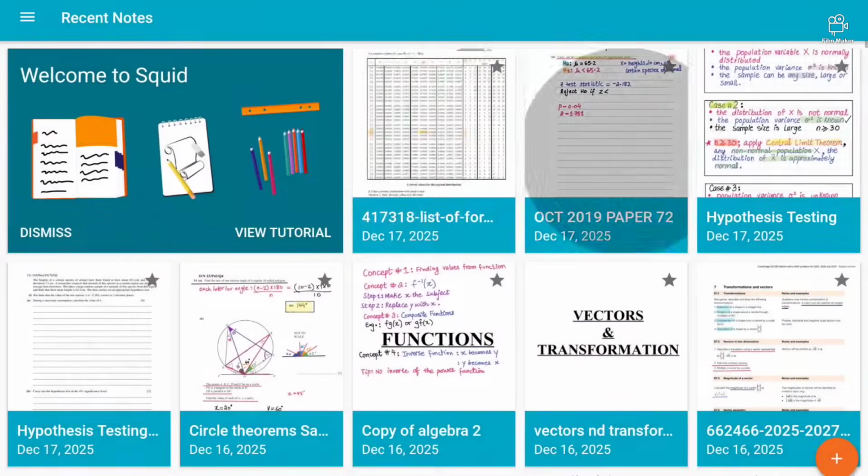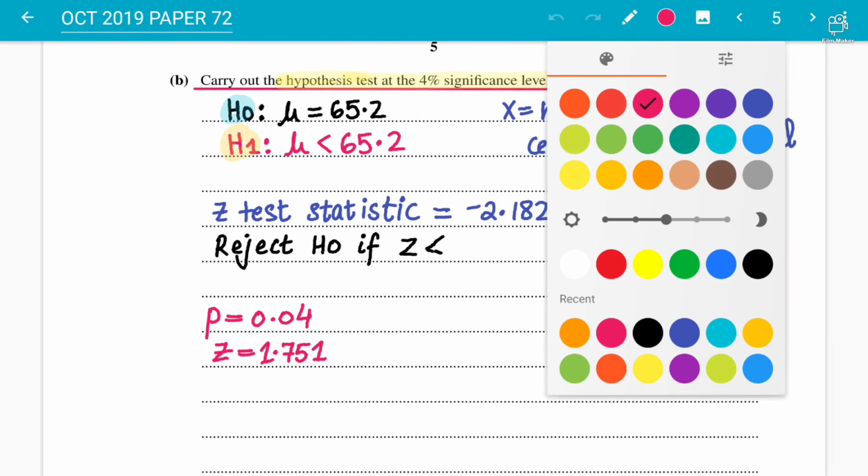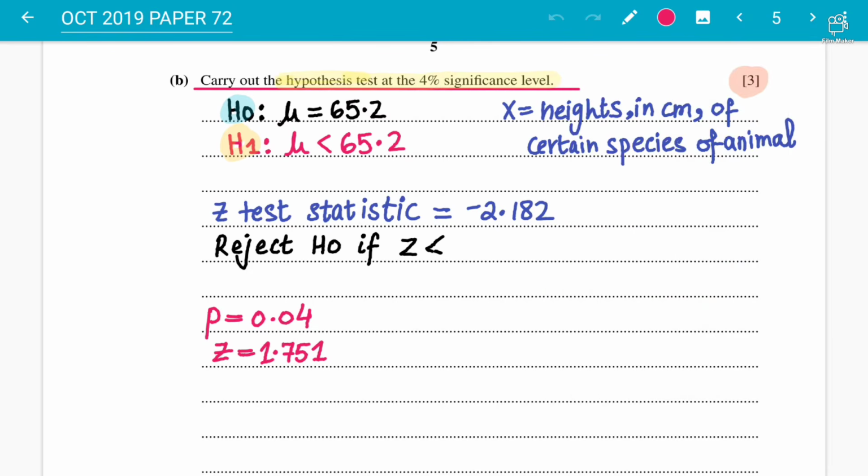So here we go. You will reject H naught if your Z value is greater than 1.751. I will be looking at the positive side of it.